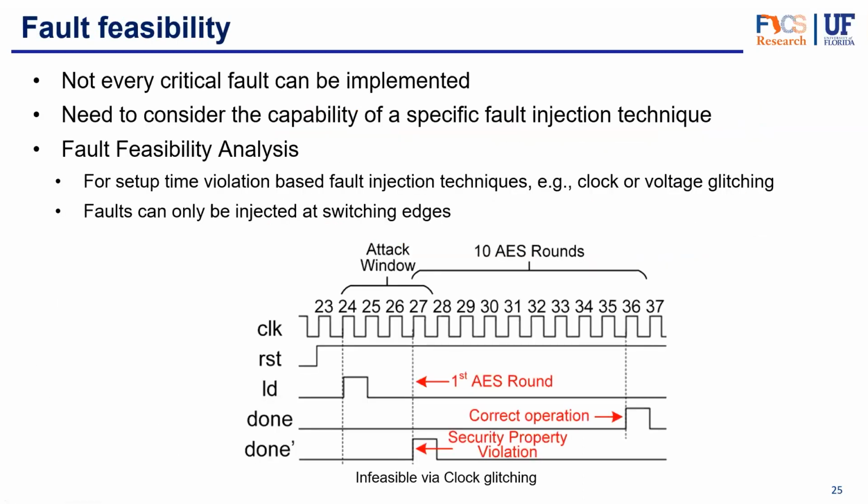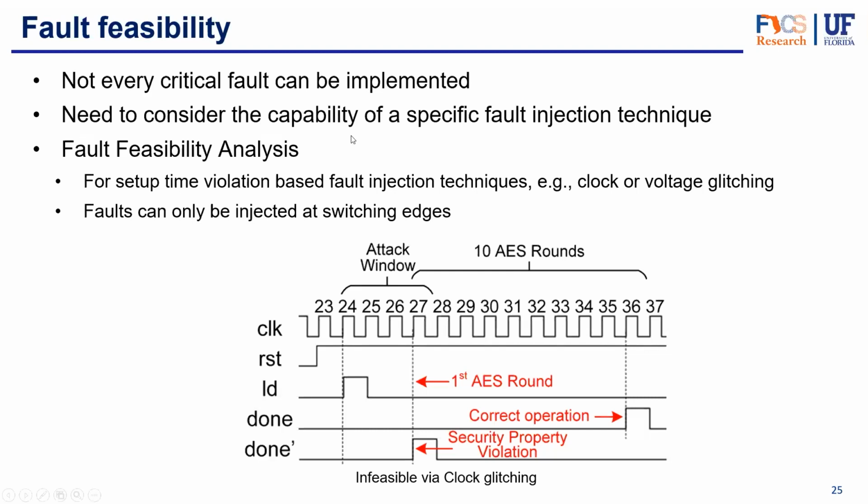And we have also done a kind of fault feasibility analysis based on the fault model that we have. For example, if our fault model is clock glitching, in this example that I have shown, we have to have a switching between the states to be able to inject the fault through violating the setup times.